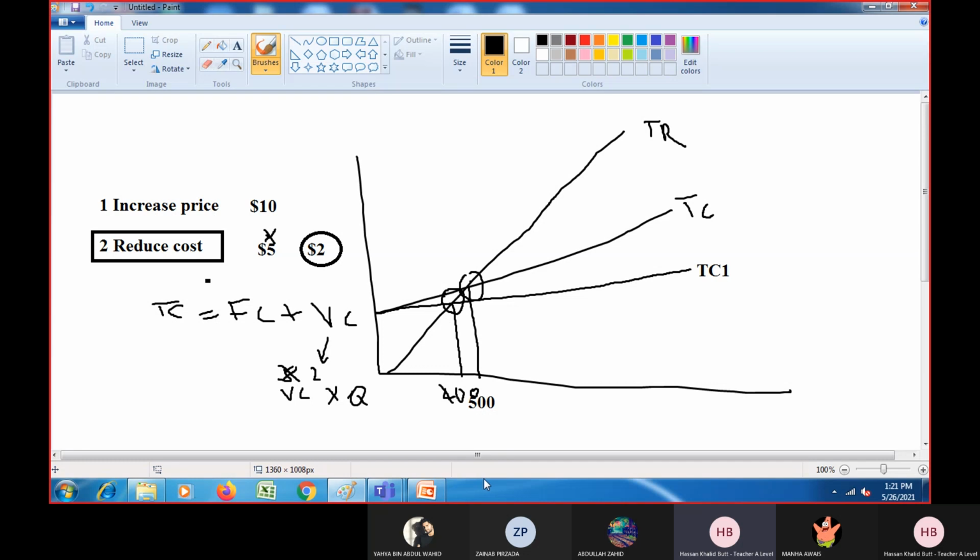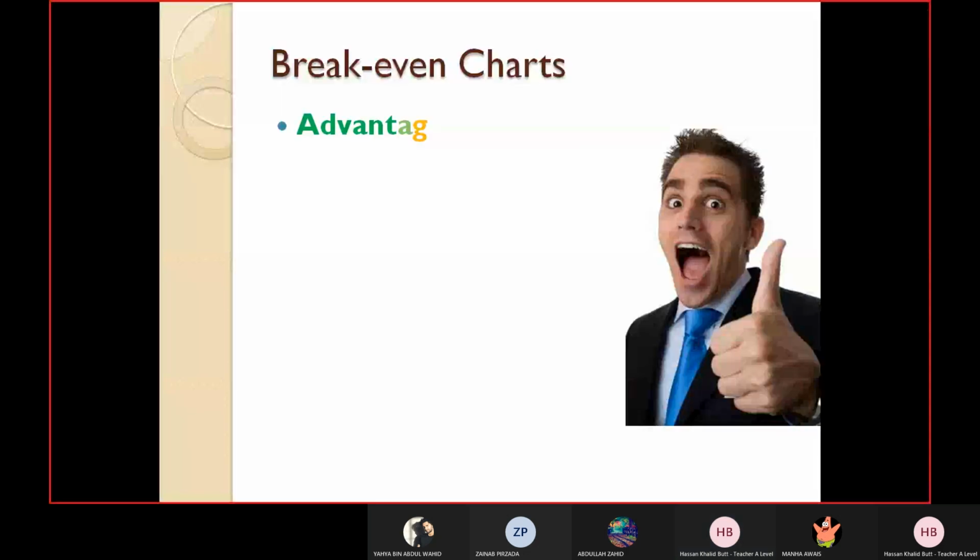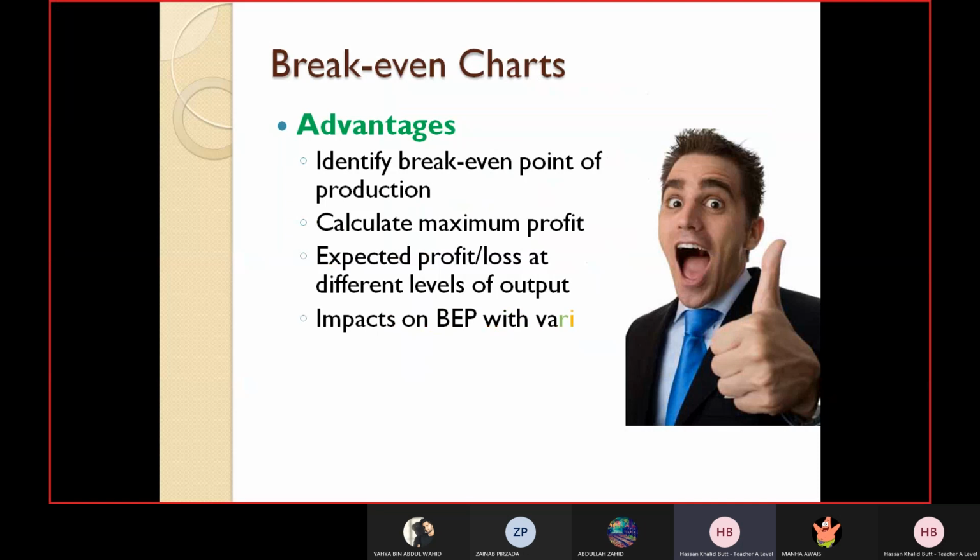And so these are the business decisions, related to price and cost, which can have an impact on break even point or break even level of output. And you can see that by drawing a break even chart as well, right? So we are done with this point, which one?